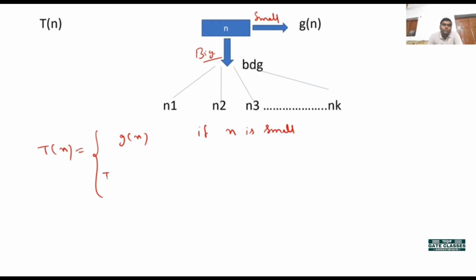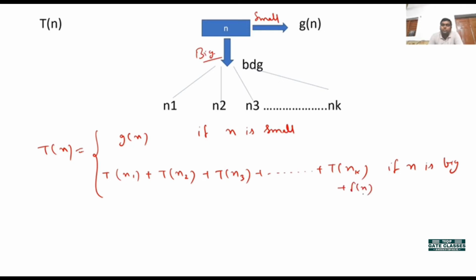Otherwise it is T of n1, the time taken to solve a size n1 problem, plus T of n2, plus T of n3, and so on up to T of nk. This is the case if n is big, plus some function f of n.